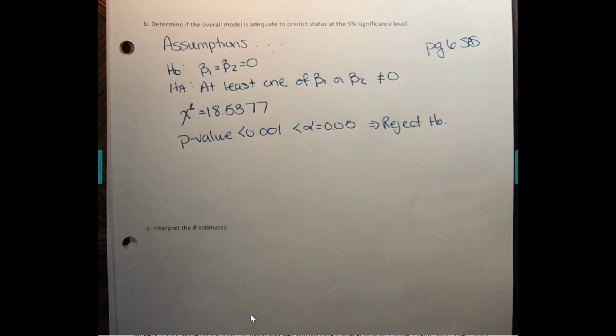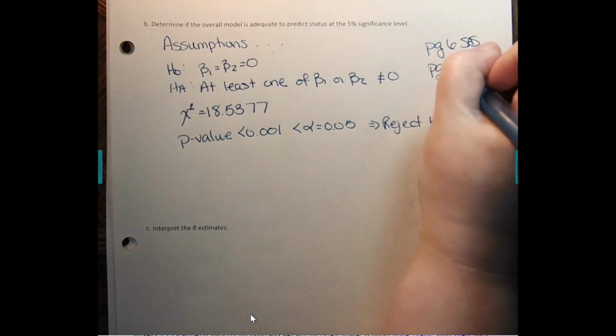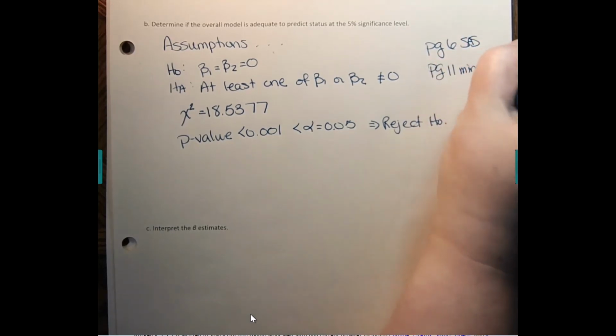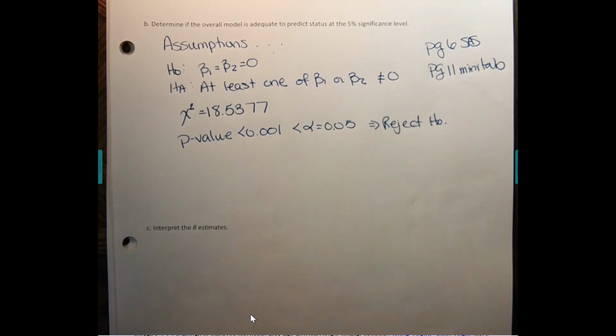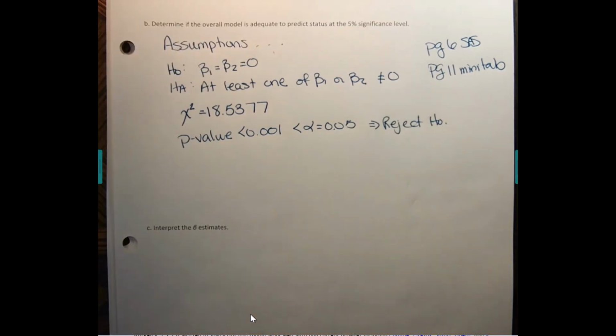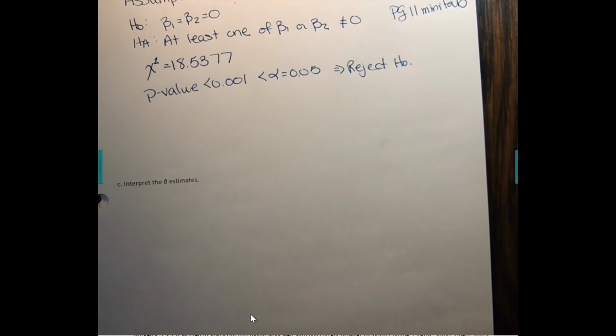Sorry, I've got pages everywhere, as I'm sure you do too. If we turn to page 11, notice right here we've got our chi-square test statistic. That's the same thing we have using SAS, and you can do something similar in R. So obviously we're going to reject the null.